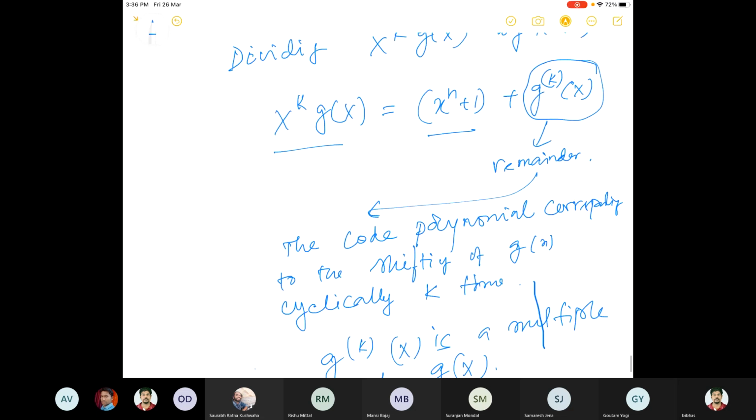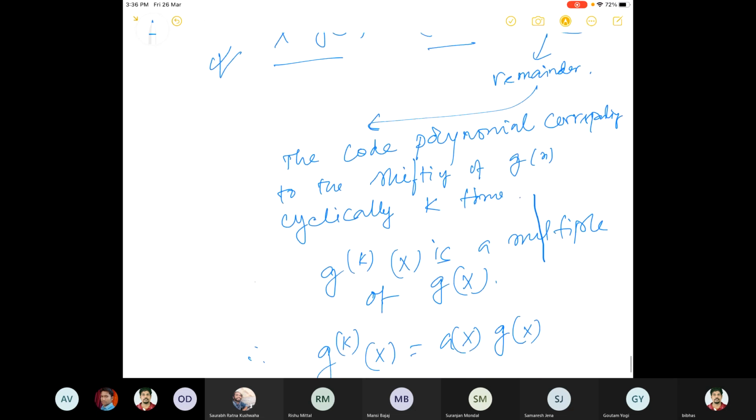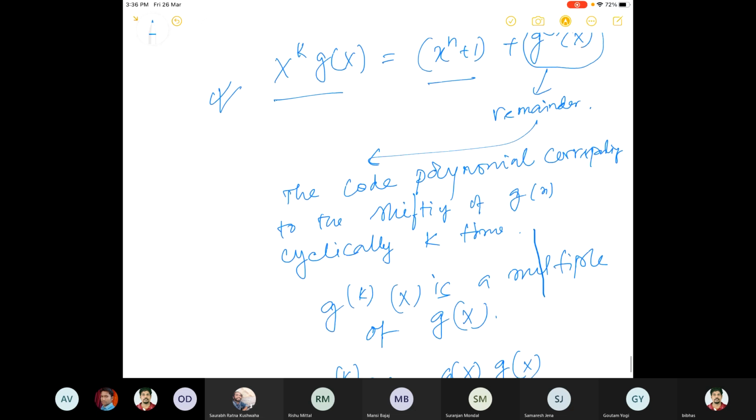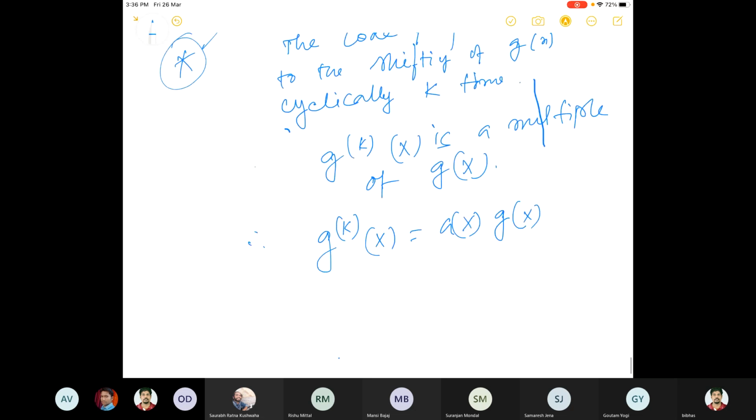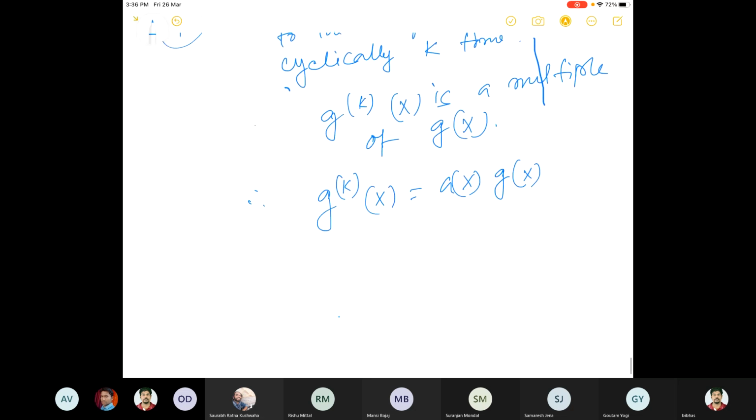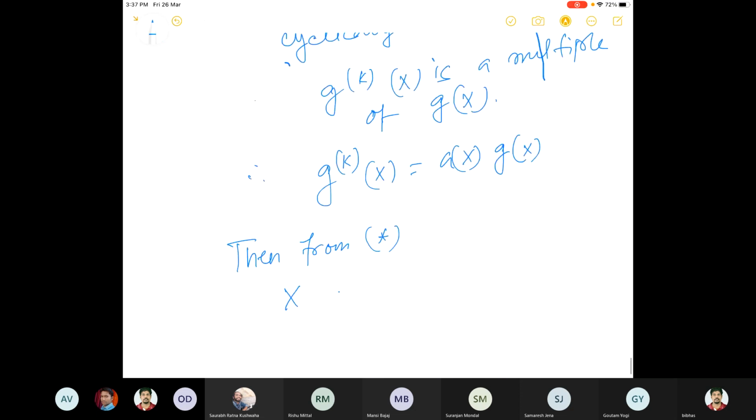Now we had this one, let me call this star. From star, what can I have? x to the power k times g(x) is equal to x to the power n plus 1 plus a(x) times g(x).